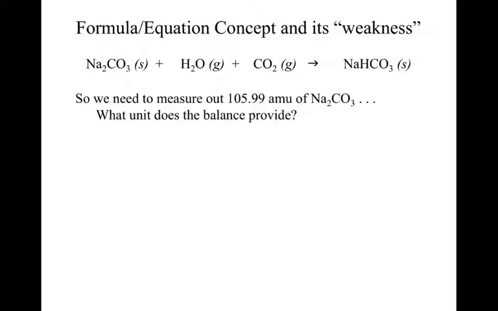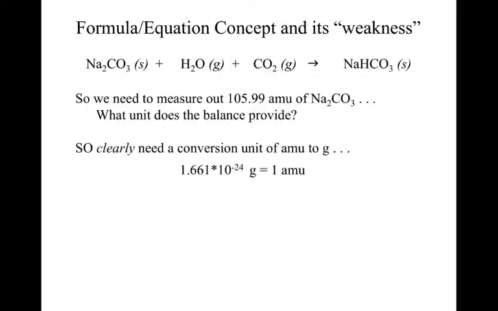And the unit it's going to spit out will be what? Crap. It spits out grams. Well, I measured this in AMUs, so I'm going to need a conversion factor to get from AMUs into grams. Just like we've done before, go through and solve for the mass in grams of sodium hydrogen carbonate. So our one molecule, so we can get a feel for this.